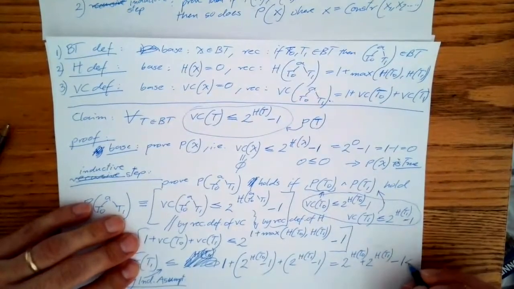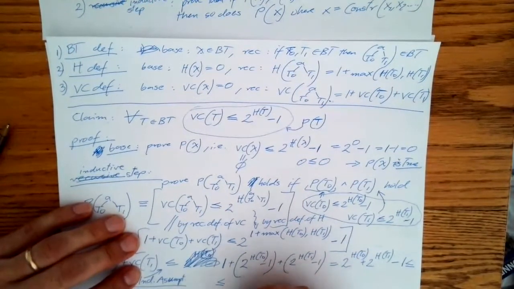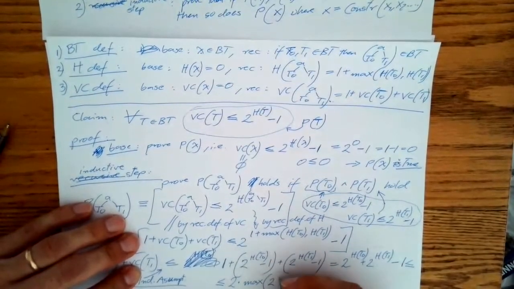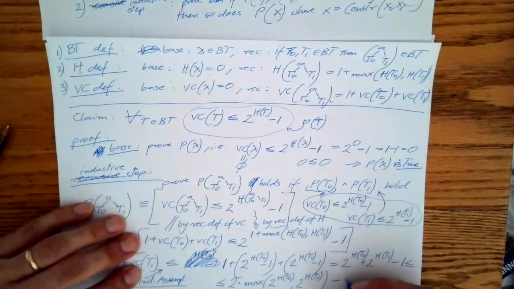This thing is upper bounded by 2 times the max of these 2 things, and I copy minus 1.